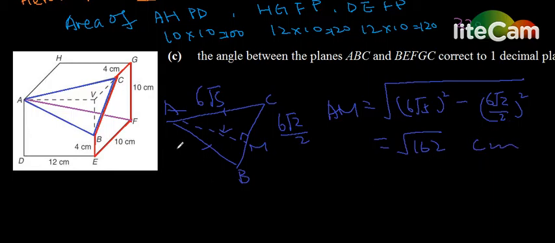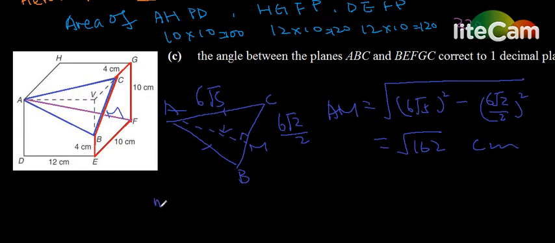And also in the triangle AMV, the triangle AMV here, AM here is the M. We can use the sine formula to find out the angle AMV so that we can find the angle in between.